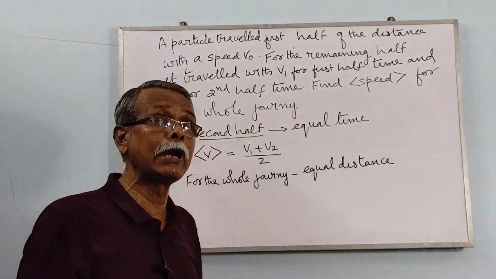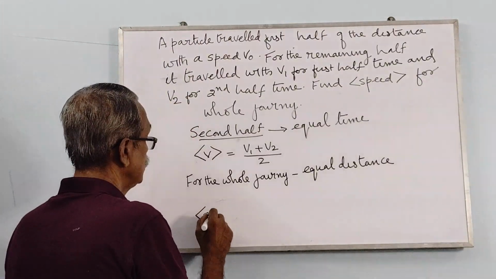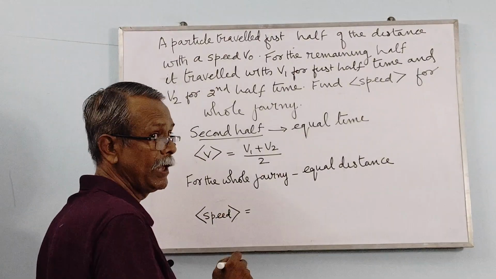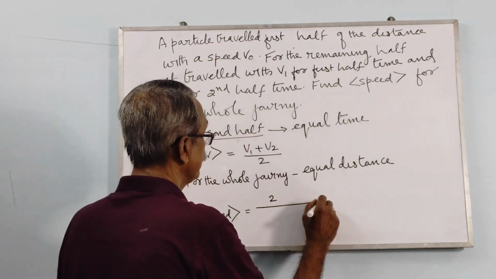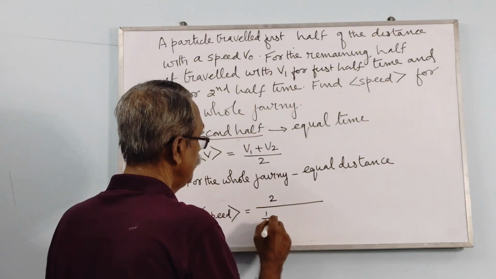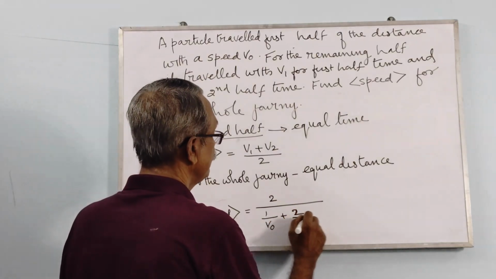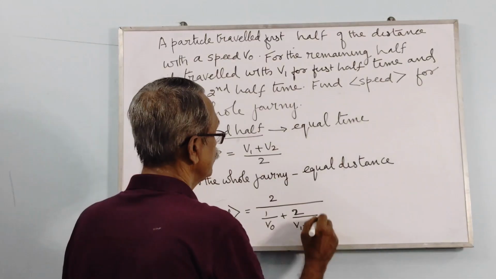Being equal distance, therefore the whole journey average speed will be 2 divided by 1 over v0 plus 2 over v1 plus v2.